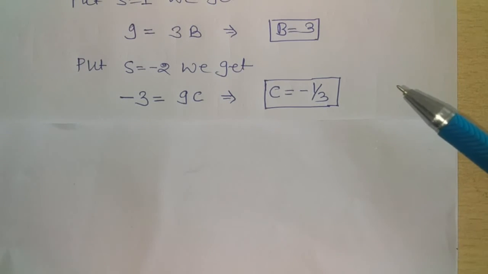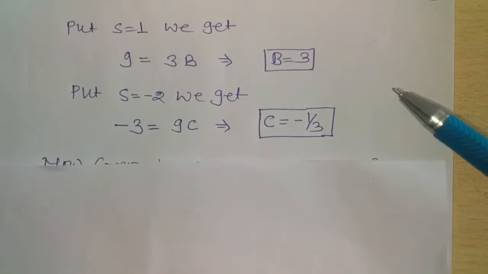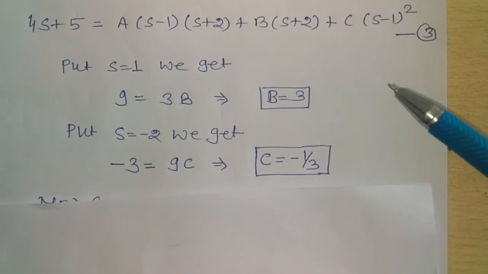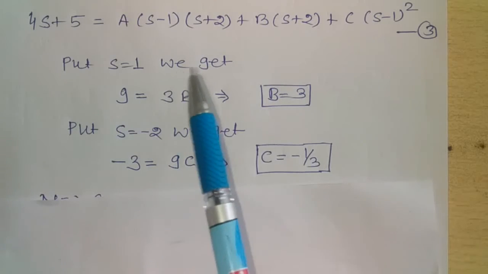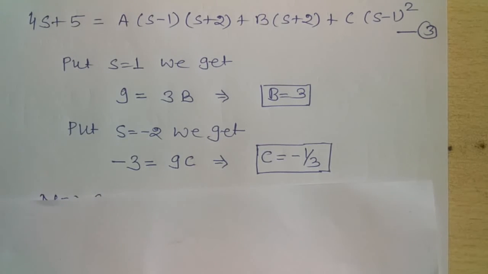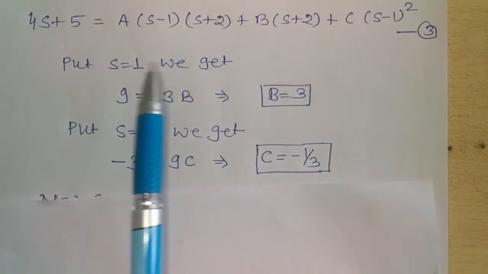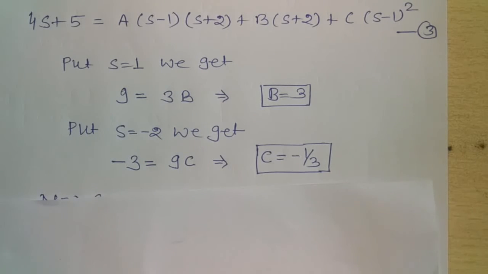Now we have to find the value of a, and we cannot use the substitution technique to find the value of a. So we use the comparison method. We compare both sides of equation third, the coefficient of s square.